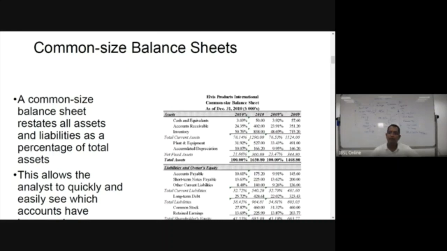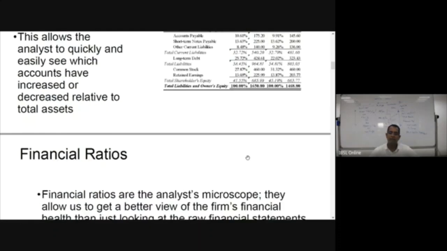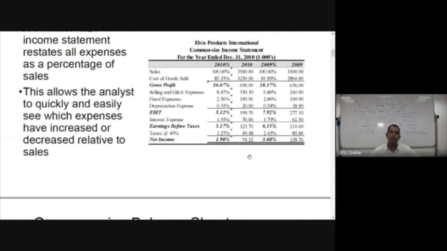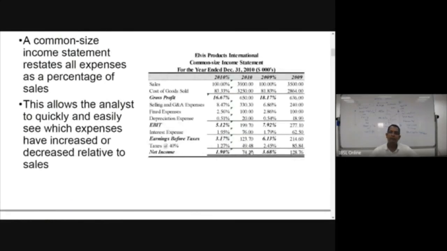This is the common size one. Right? So everything is percentages. This is the turnover. This is the common size income statement. This is the normal one. Okay.